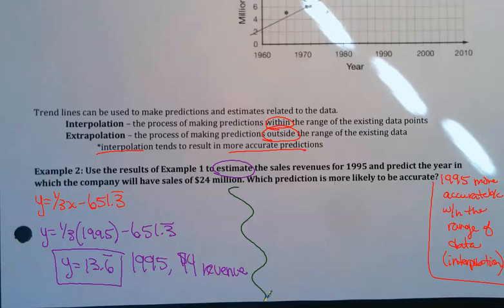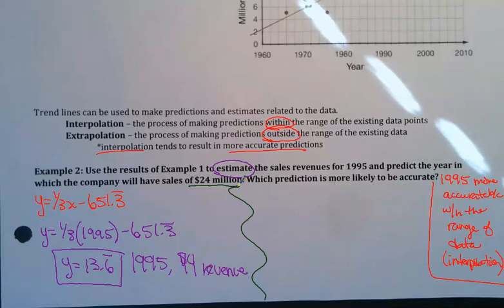Let's see. Okay, let me go back and we can look at your math. All right, so go ahead and solve. Make your prediction for 20. What year was it? Oh, for the year. Okay, so how would you make your prediction for when the sales are $24 million?